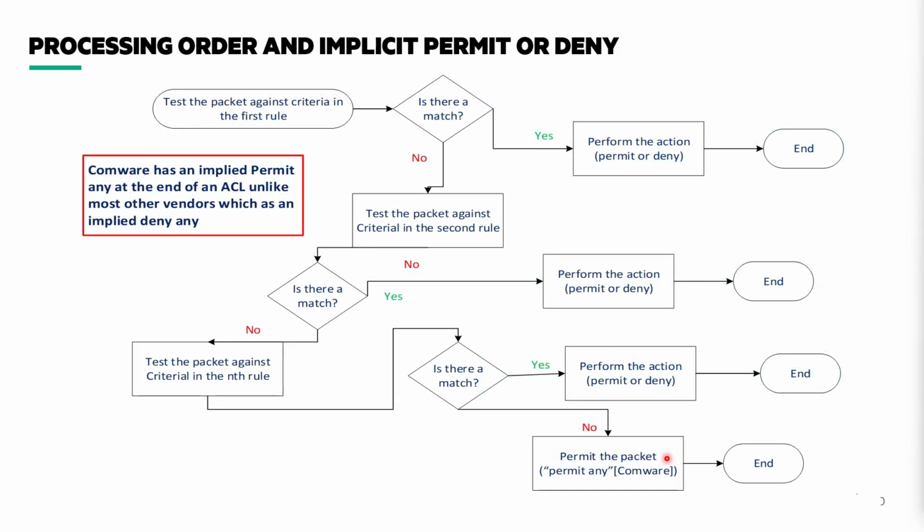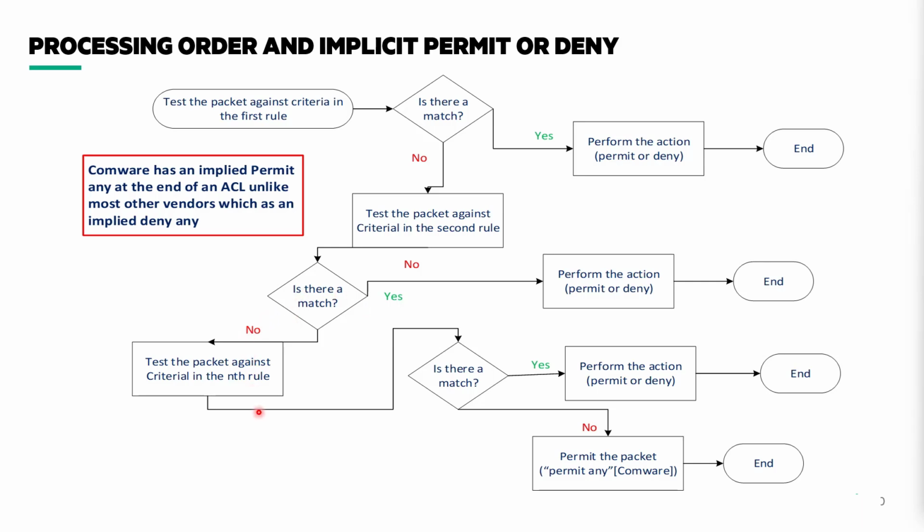So now there's something different in Comware. Let's say a packet comes in and there's an ACL applied to the interface, and it's going to test the packet: does it match any criteria? If the answer is yes, perform the action, permit or deny. If it doesn't match the first criteria, it moves on to the next. Is there any match? No. Then continue to the next one, and the next one, and the next one.